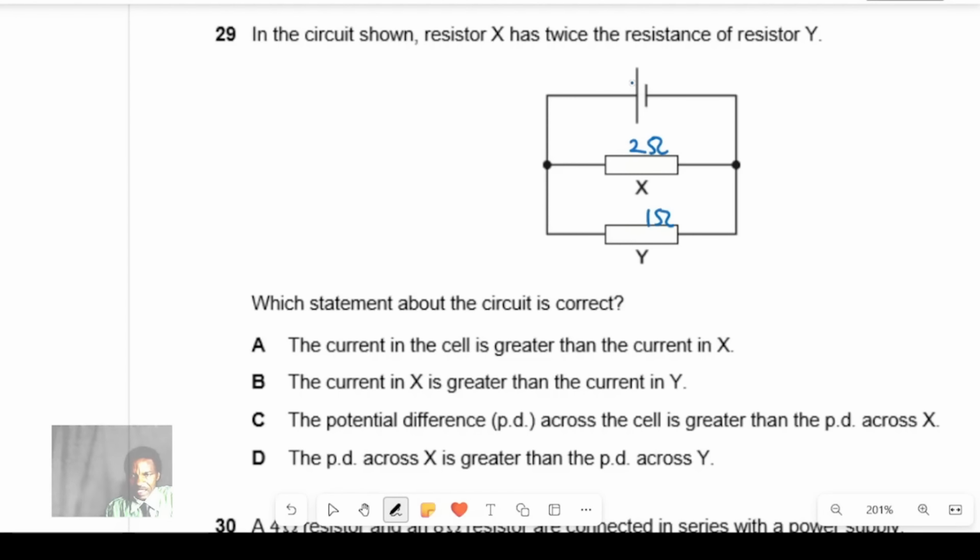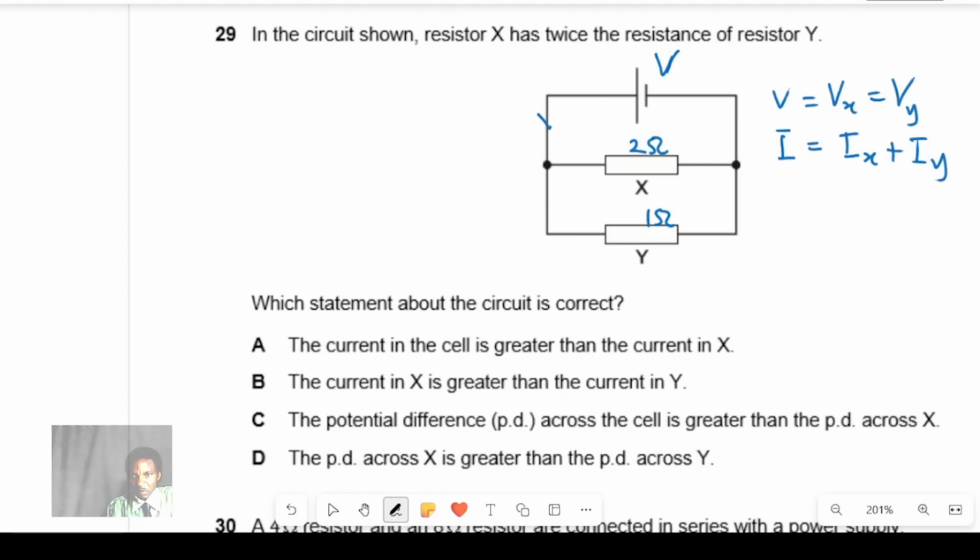If this is V, the PD across each of the resistors is the same, so V is equal to Vx and is equal to Vy. And then I is equal to Ix plus Iy.